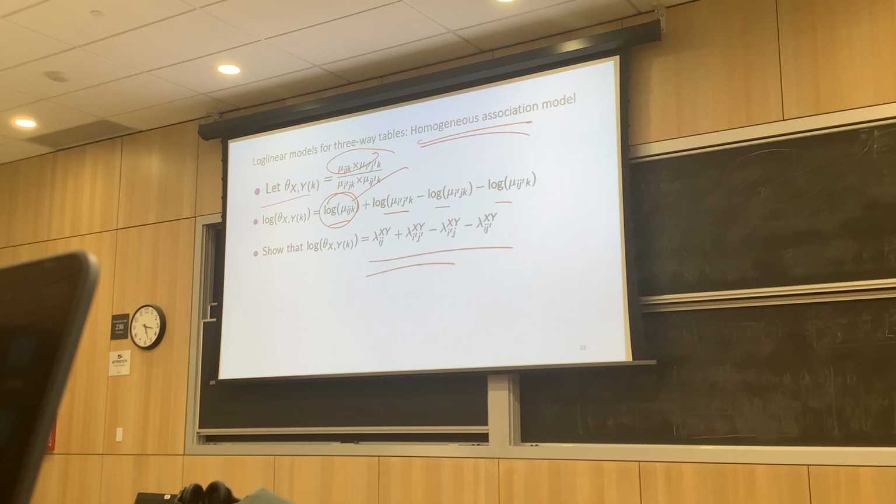So it is kind of easy to remember because it is lambda for 2 by 2. So this log odds is equal to lambda 1 1 and lambda 2 2 minus lambda 1 2 and lambda 2 1 for XY.